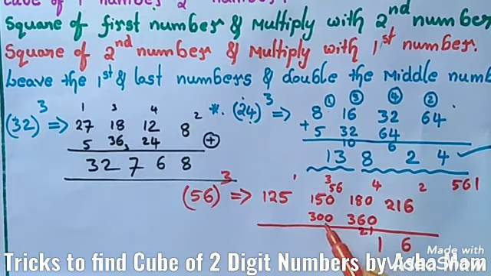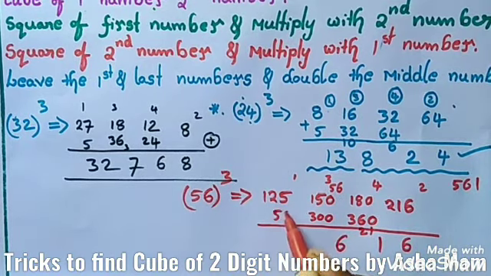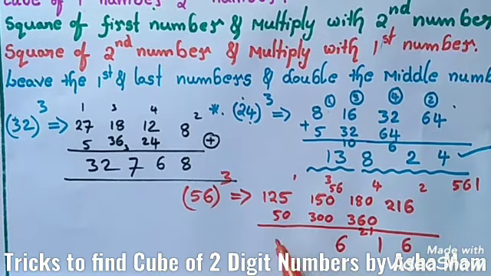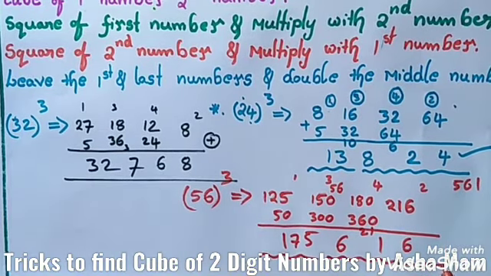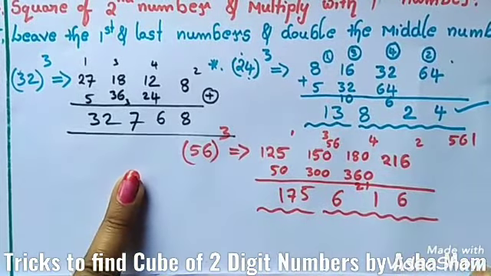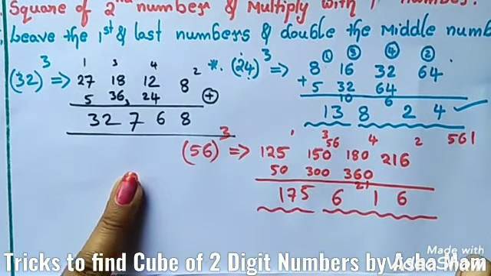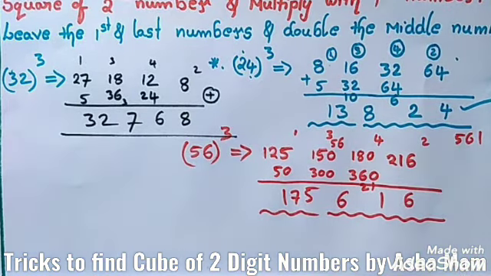Now 150 plus 300, 450. 450 plus 56, so 506, here is 6, here is 50. Now 175616, simply you can write like this. That is the answer of 56 whole cube.